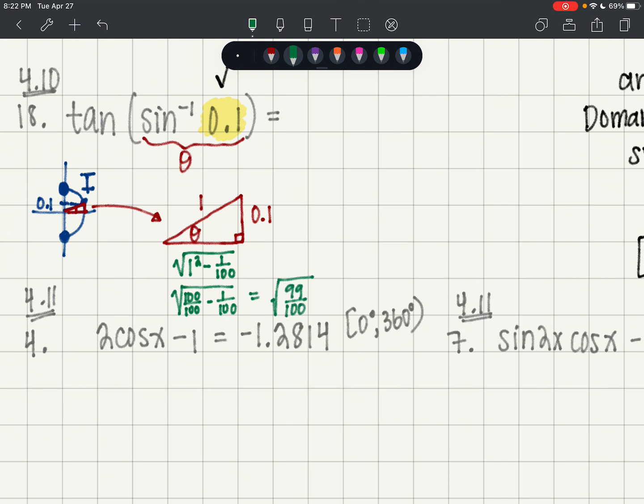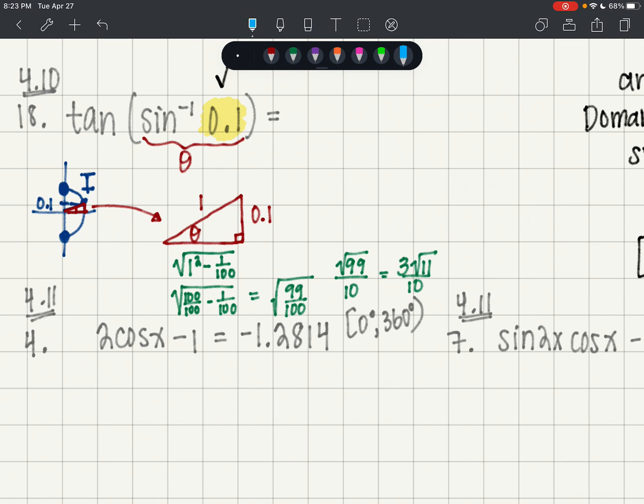So we're talking about the square root of 99 over 10. That's also able to be written 3 times the square root of 11 over 10. Okay, so I'm doing this all without a calculator.